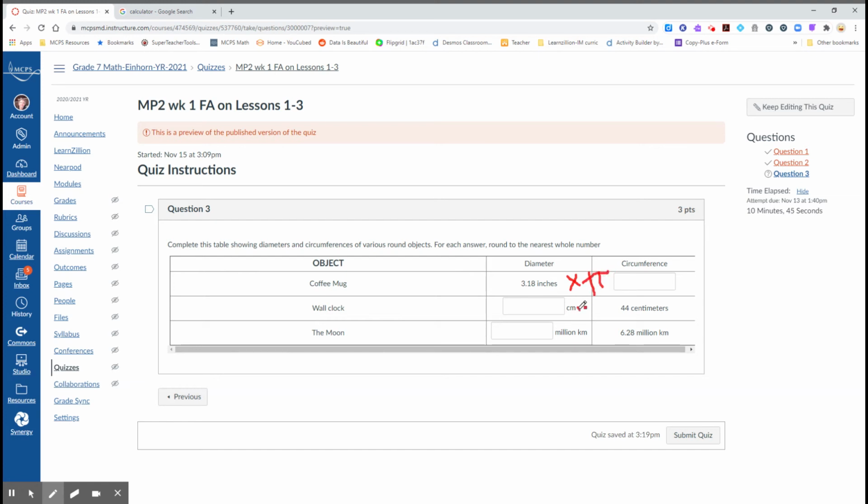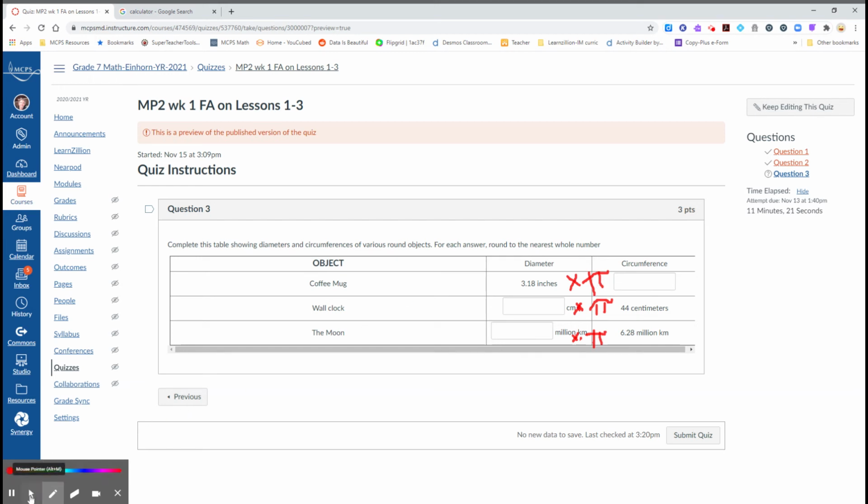So in each case, we know that if we take the diameter and multiply it by pi, we get the circumference. And pi is just about 3, right? A little bit more than 3.